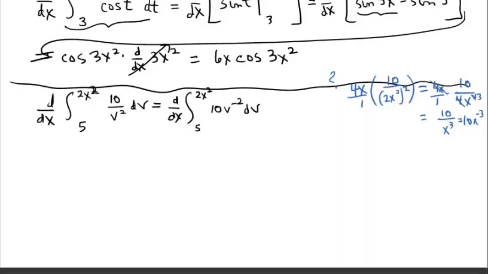I think I'm going to move down here and continue it. The antiderivative, this looks similar to something we did the other day, would be 10v to the negative 1 divided by negative 1, which makes this negative 10, evaluated from 5 to 2x squared.